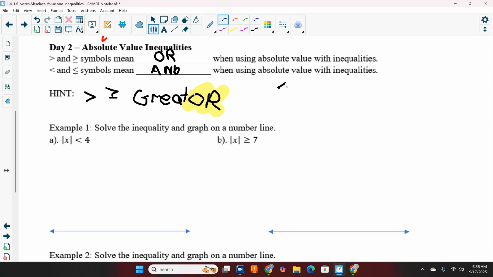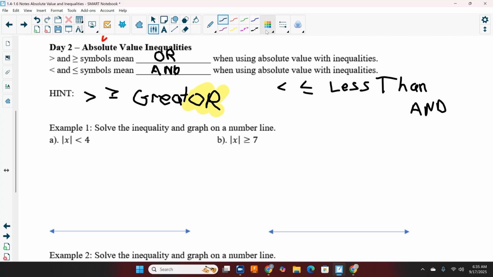So we got less than or equal to, less than. If I'm writing a song or a poem, less than is pretty close to sounding like and.